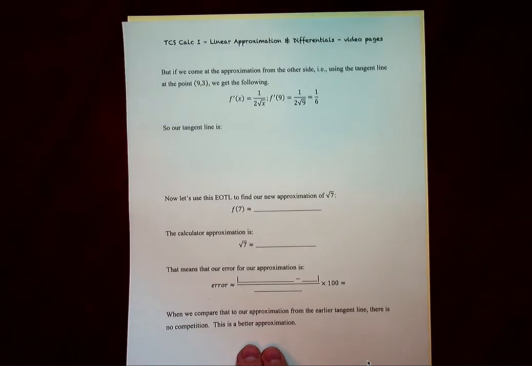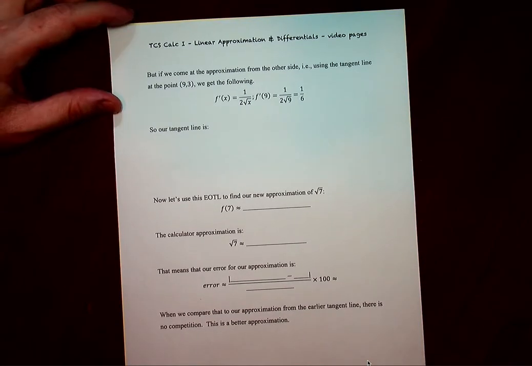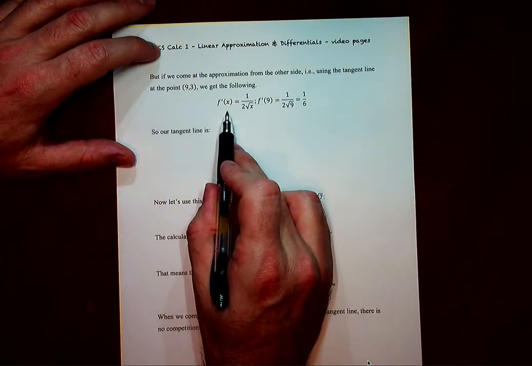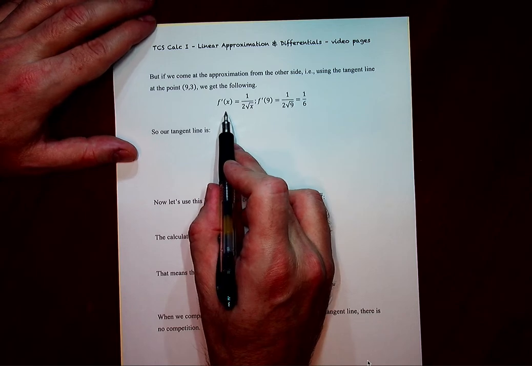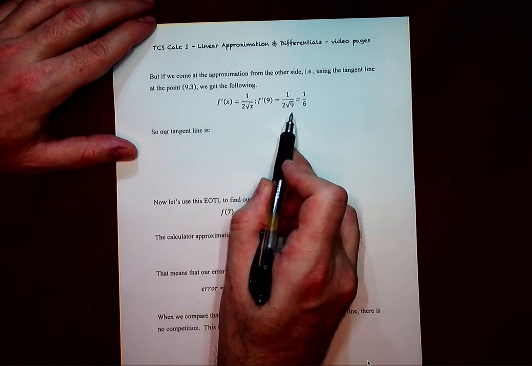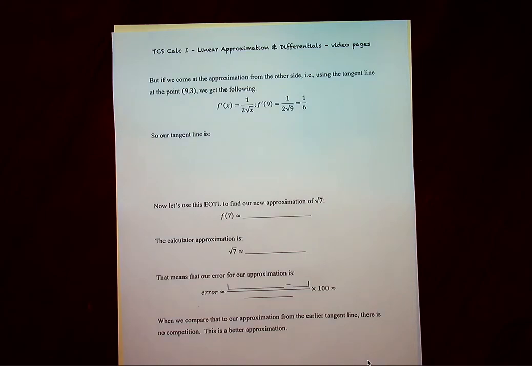So what we're going to do at this point is let's go ahead and find the tangent line at 9,3 and see how much better of an approximate value we get there. Now, of course, we're still dealing with the same derivative because we're dealing with the same function. We're just dealing with it at a different point, and so we need to evaluate its derivative at a different point, and we get 1/6 as our slope, okay?